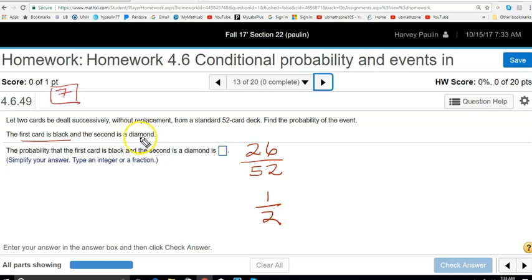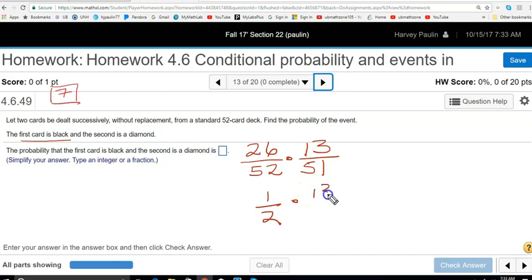Now, how many diamonds are there in a deck? Well, there are 13 diamonds. And again, diamonds and blacks, they're different. Diamonds are red. But now we have 1 card less in the deck. Now, we did simplify the 1/2 here.